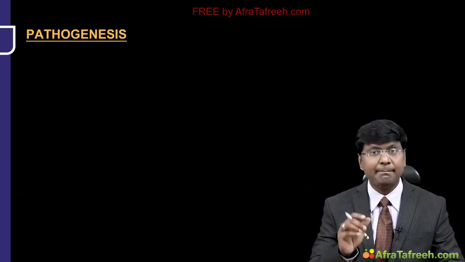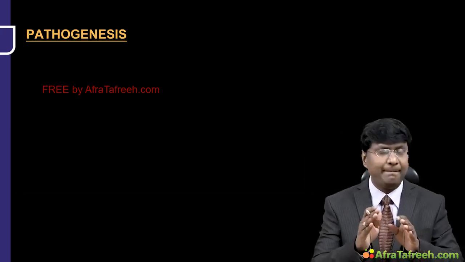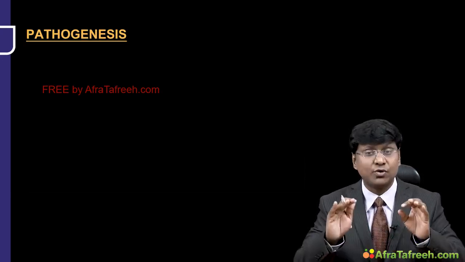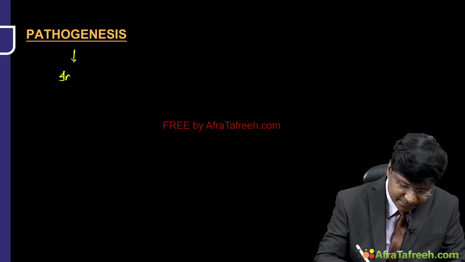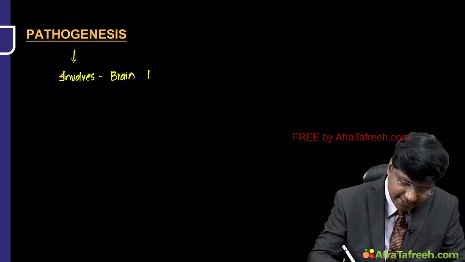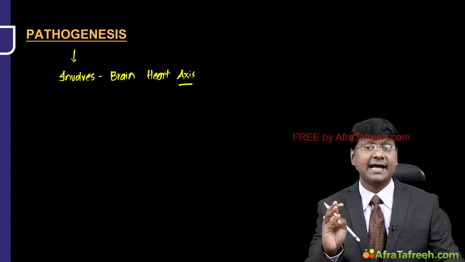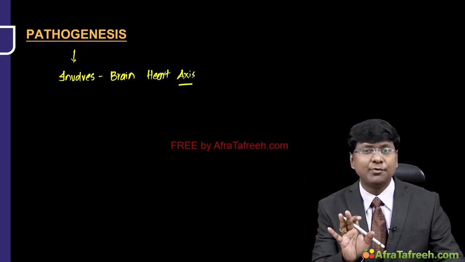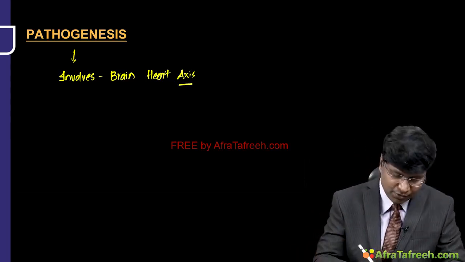Now, if you take the pathogenesis in these patients with the Takotsubo cardiomyopathy, the pathogenesis is very complex and it involves the brain-heart axis, right? It involves the brain-heart axis, which is poorly understood, and I'll tell you what exactly your brain-heart axis is.